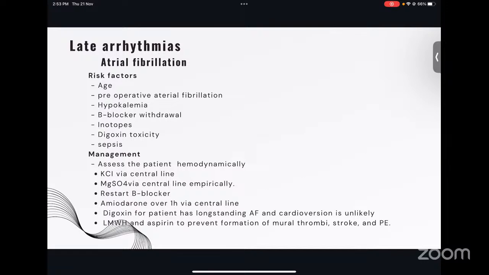And the patient in atrial fibrillation should be on low molecular weight heparin and aspirin to prevent formation of mural thrombi, stroke, or pulmonary embolism.